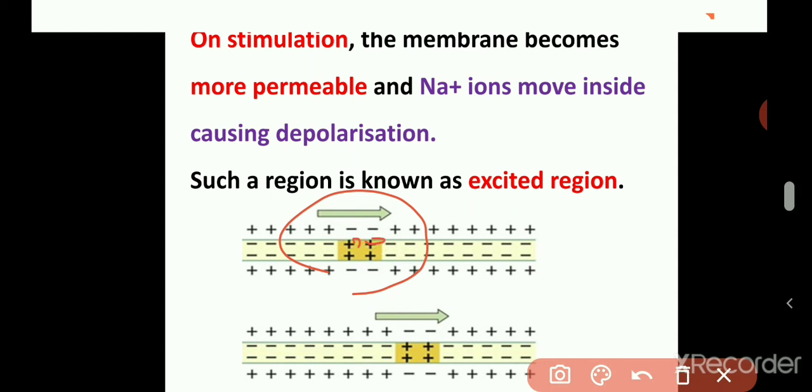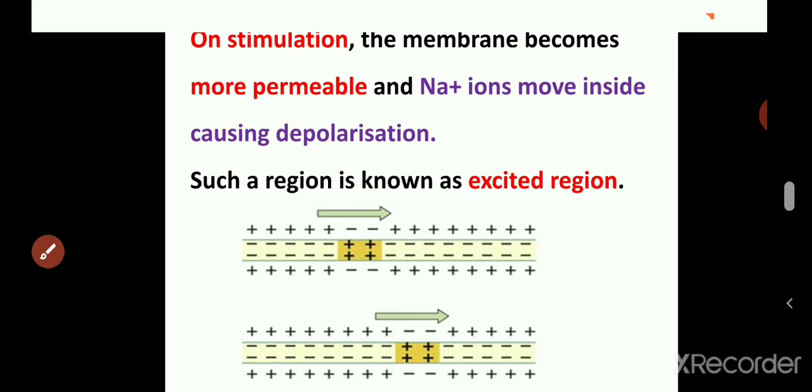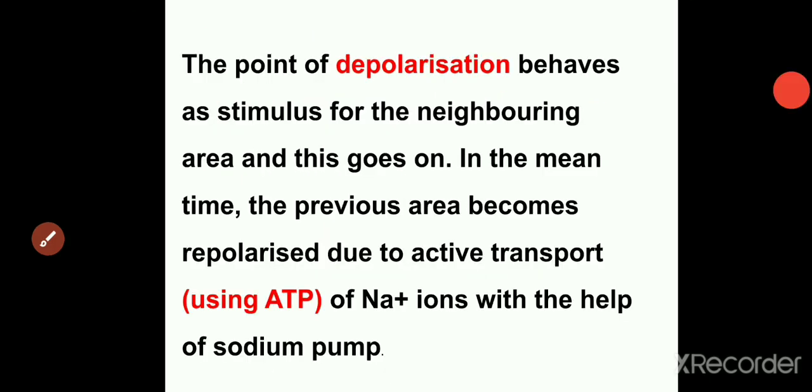So you can see the positive charges have moved inside and the negative charges have come out. That is, the sodium ions move in, potassium ions come out. Such a state is termed a depolarized state, and that region is called the excited region. Now this excited region becomes an impulse for the next one.